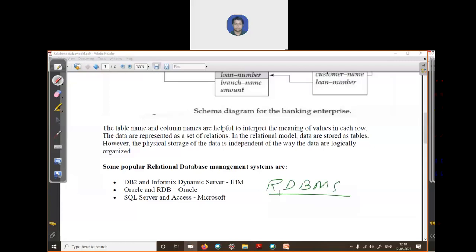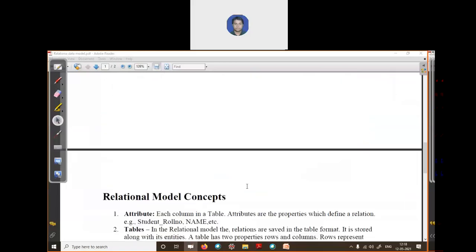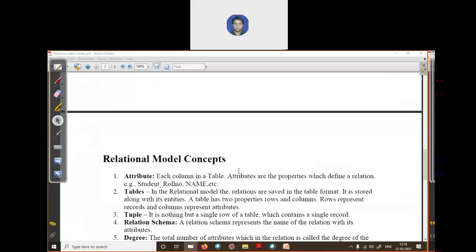RDBMS is nothing but a relational database management system, and these are some popular relational database systems. And these are some concepts of the relational data model. I'm just giving the definition of all these concepts.